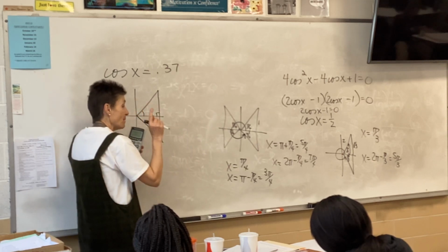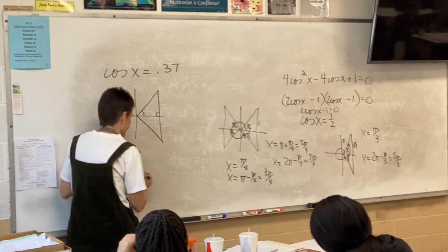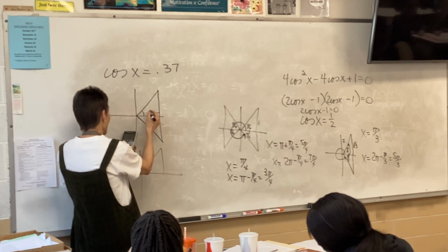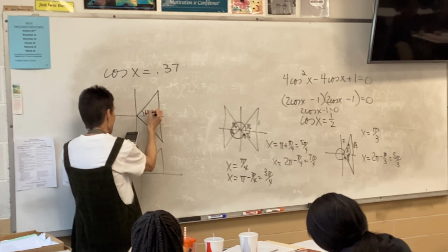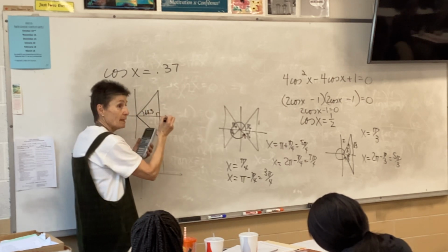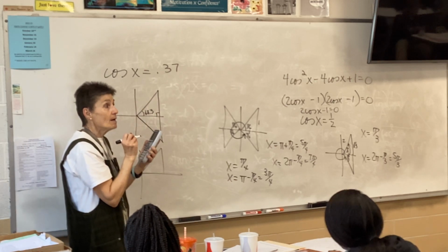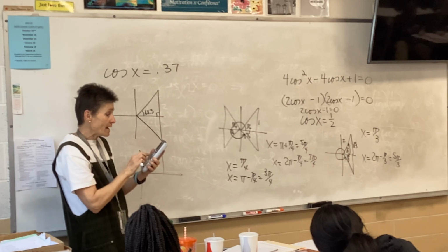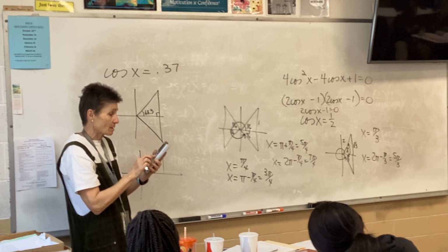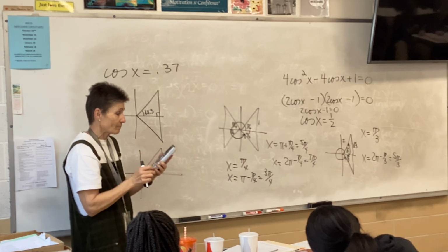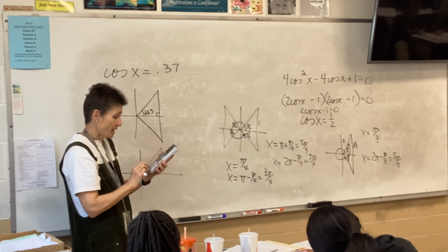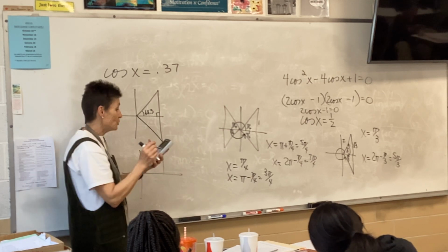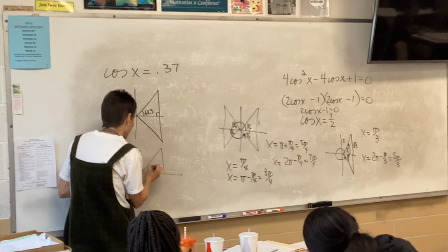Now, depending on how you're set up, kids, you got maybe 68.3. Anybody get 68.3? But some of you may have gotten something else. Because if you're in radians, second cosine 0.37, you get 1.19 or 1.2.